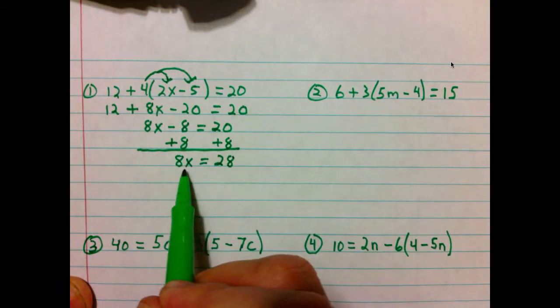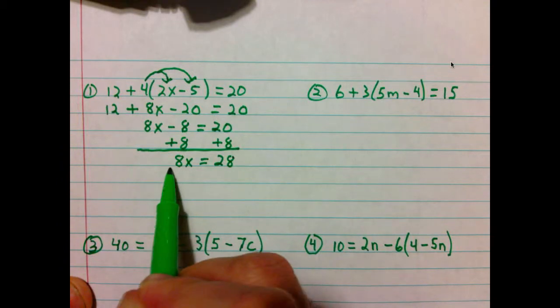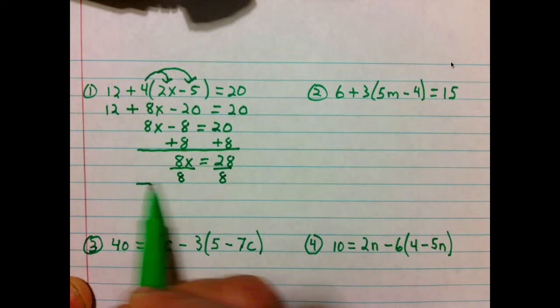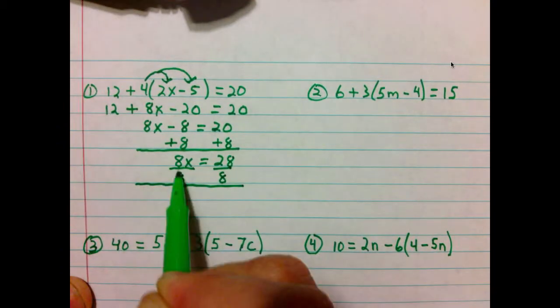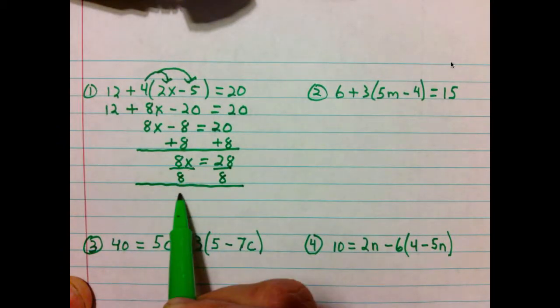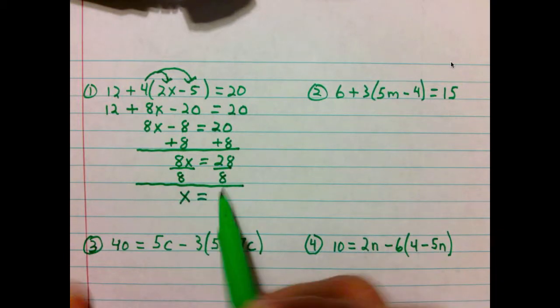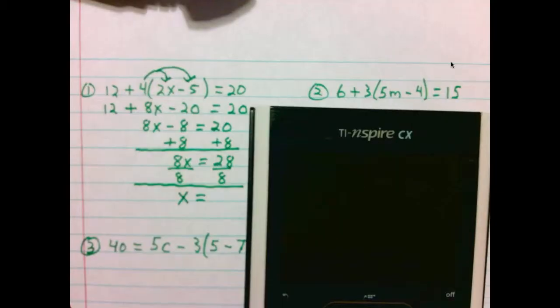Lastly, we will divide by the coefficient 8. 8 divides 8 to leave 1x. We simply write that as x. And 28 divides by 8. We will use our calculator to assist with this operation.